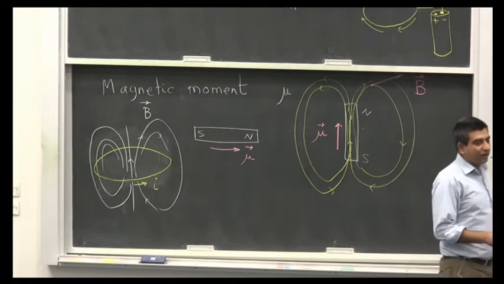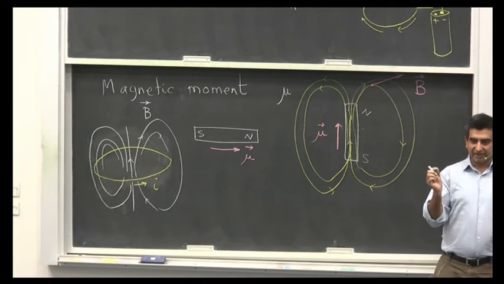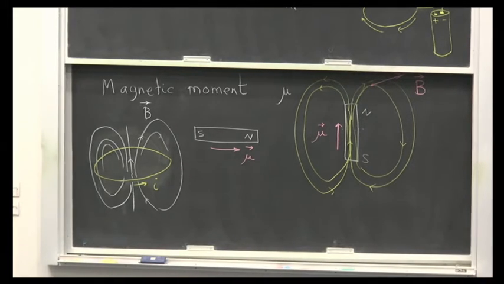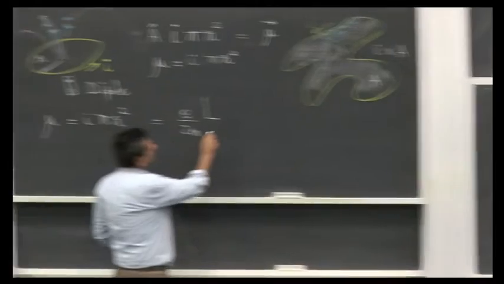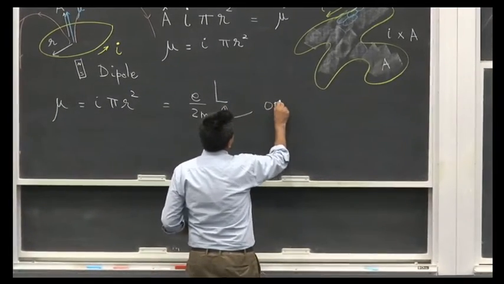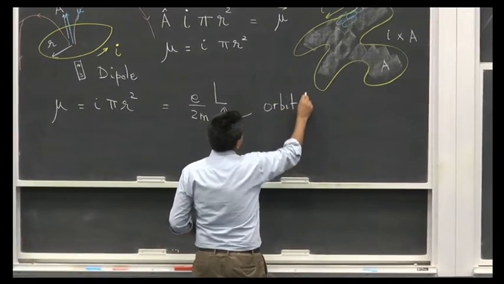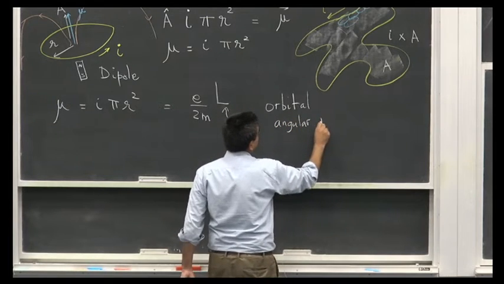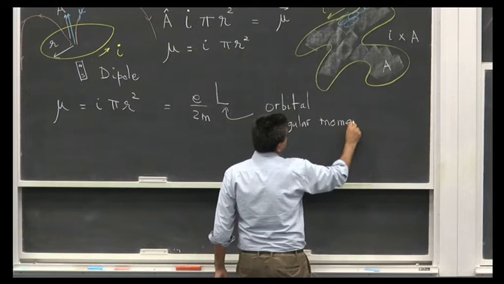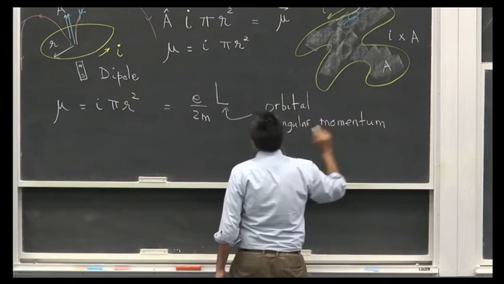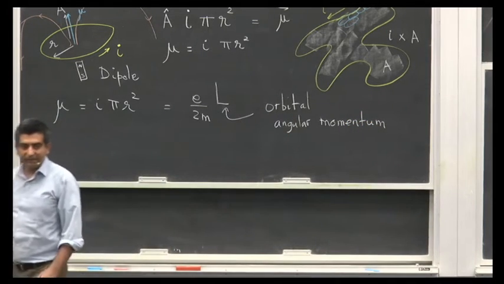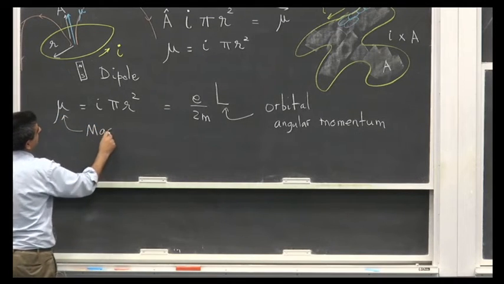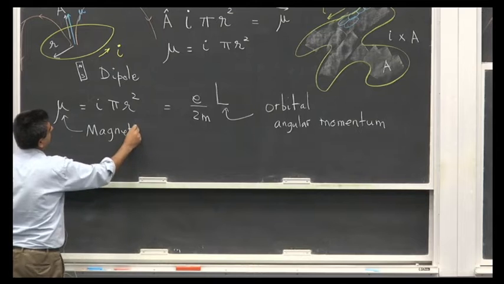Alright. Now, a moving charge, like an electron, has an orbital angular momentum. And associated with this orbital angular momentum, there is a magnetic dipole or a magnetic moment.